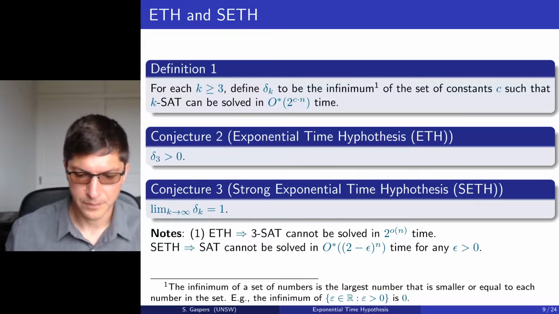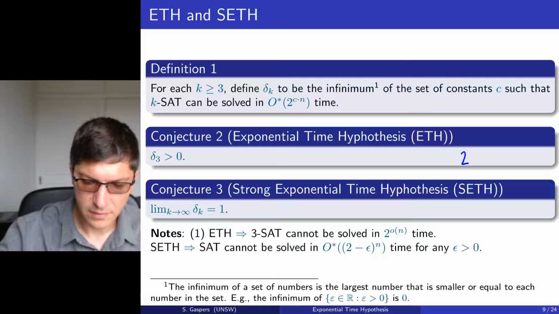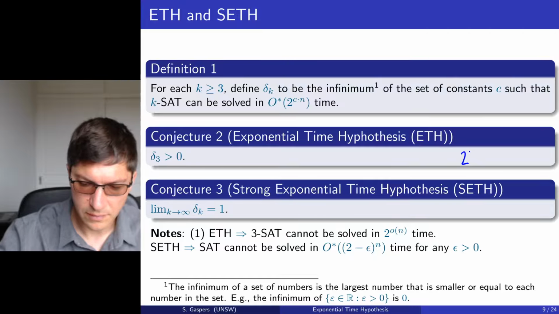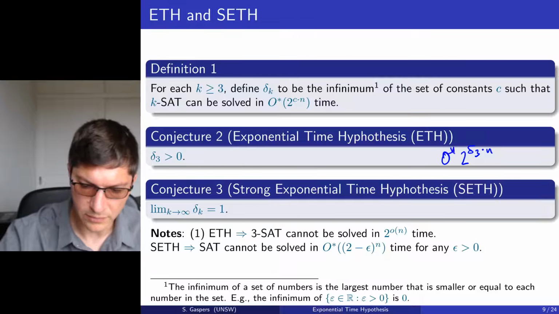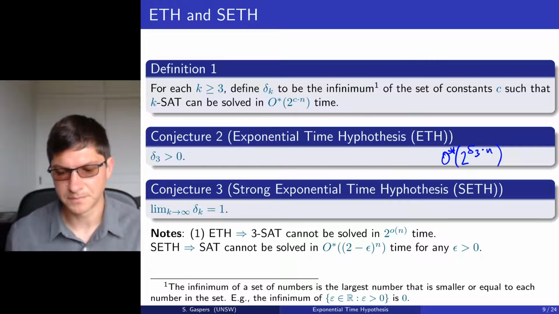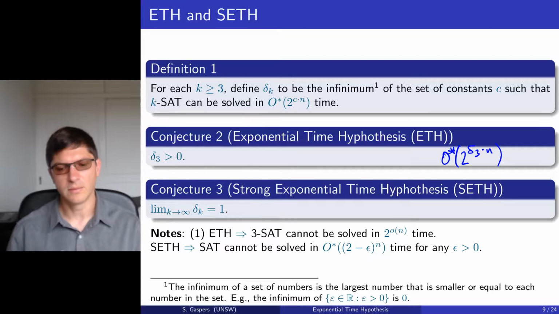So what that means is that there is some constant, delta 3, such that the fastest known algorithm has running time at least O star of 2 to the power delta 3 times n, and this is more than 0. So meaning that we do need exponential time to solve 3-satisfiability.